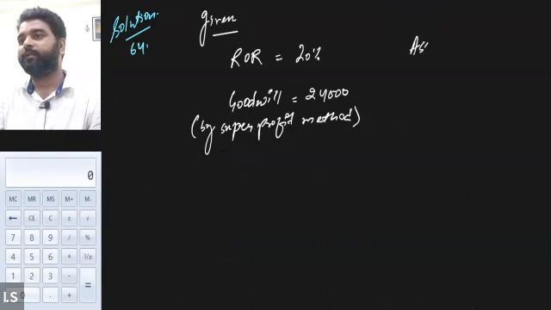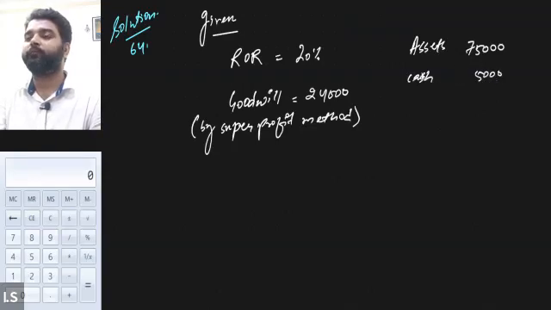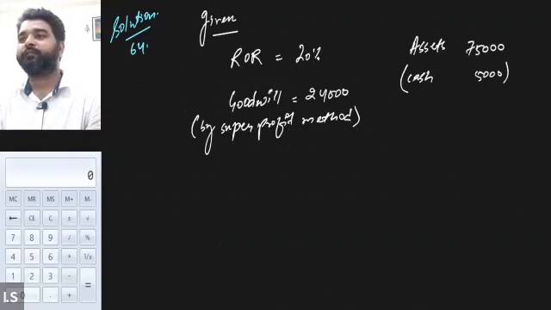Value of the assets are given. Assets of rupees 75,000, including cash of 5,000. So 75,000 of asset is given to you. Cash is of rupees 5,000, that is already included in the value of the asset. Other than this, we have the information about the creditors.